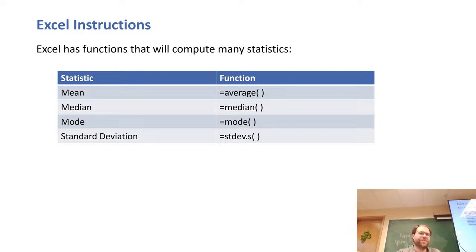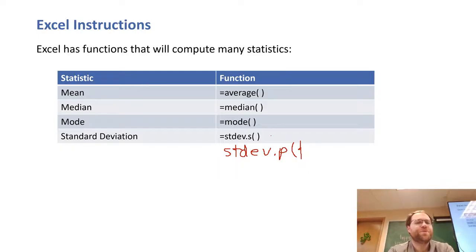The only one that can get kind of tricky, when you're in Excel, you might see another function as you're typing the standard deviation one in that looks like this, a P instead of an S. There's an important distinction between them.